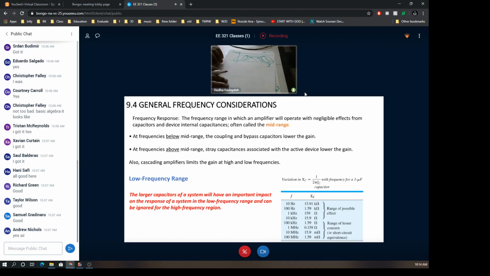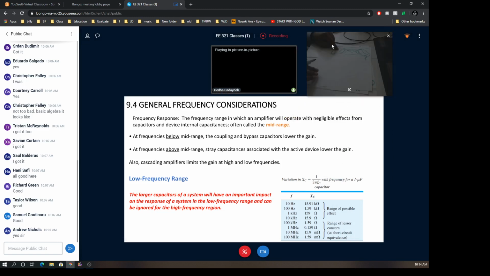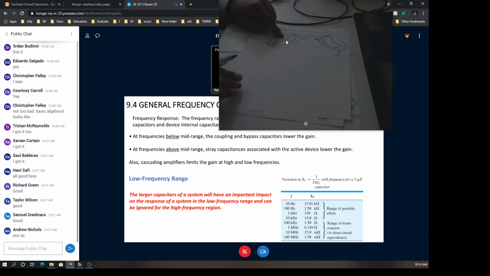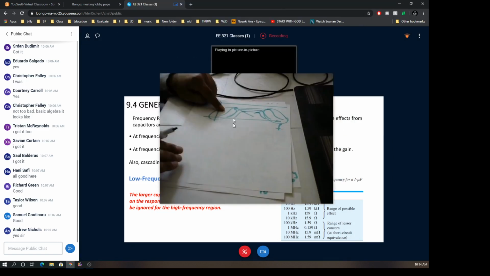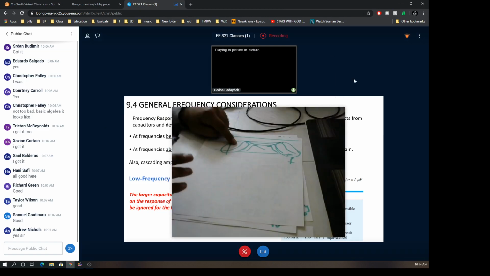Now, in more detail about the low frequency range, this range here. We said that these external capacitors are the reason for this decay in the voltage gain. These are big capacitors. To understand more, look at the table there.